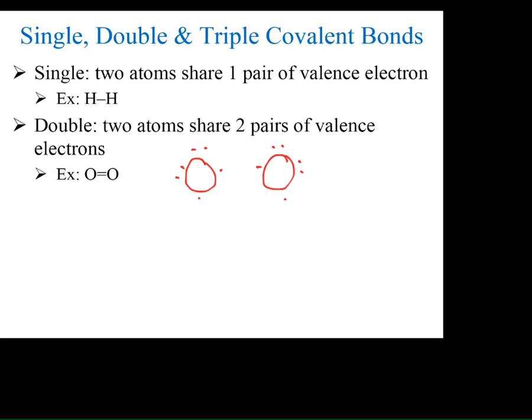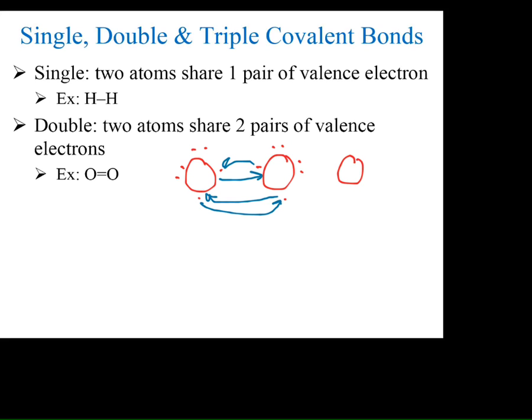It needs how many more valence electrons? It needs 2. So it could share like this with itself and make 1, and then it could share again with itself, like so. And then when you get done, you would have 2 shared pairs.